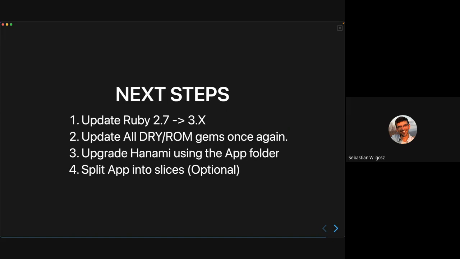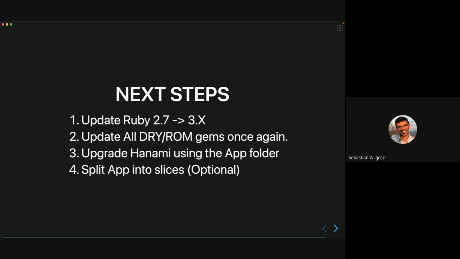So this brings us to the next steps. When I release this ROM 5 upgrade, the next part will be to upgrade Ruby to 3.x and then update all the gems once again that cannot be upgraded because we use an older version of Ruby. And then we will be able to upgrade Hanami as the next step.